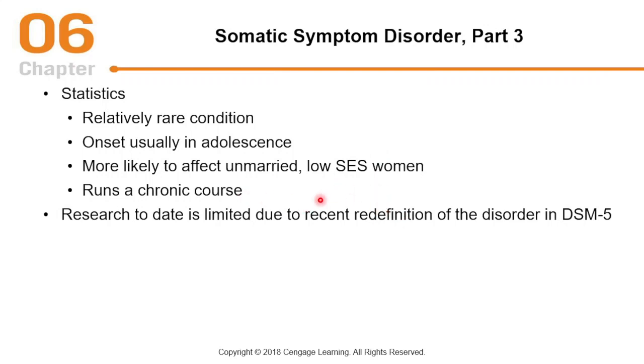So, yung mahirap at saka yung mga single na women, yun daw yung nakakaranas nito. And it usually runs a chronic course. Kasi nga, mahirap nga dyan since walang medical data to back up their claims or to really know what they are going through. Matagal nilang nararamdaman or matagal silang nagsusuffer with this kind of disorder. Okay.